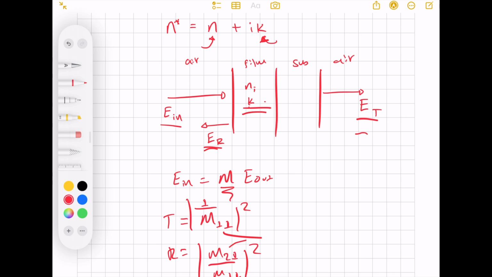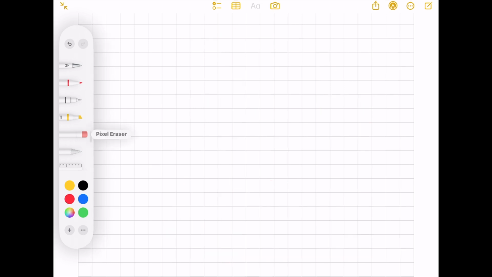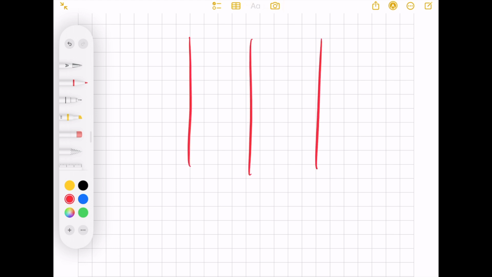So let's quickly walk over the theory behind this. Say you have several layers of material, or a system. So you have air, you have your film, you have a substrate, and then you have air again. What happens to light when it comes through here is first, obviously, some of it gets transmitted at this interface, and some of it gets reflected at this interface.